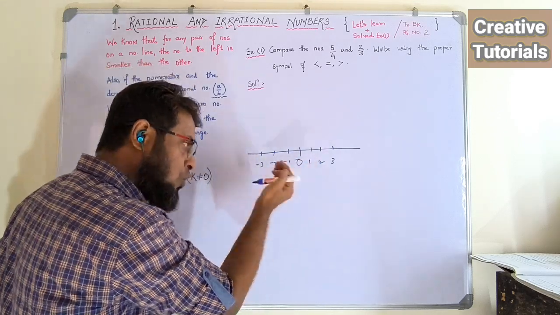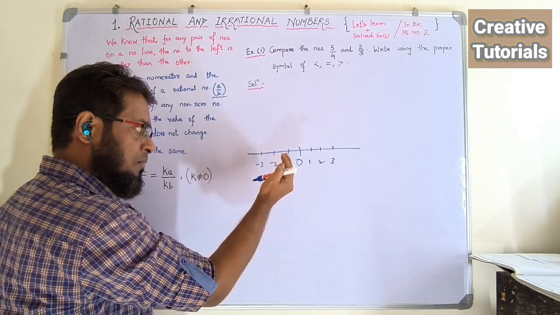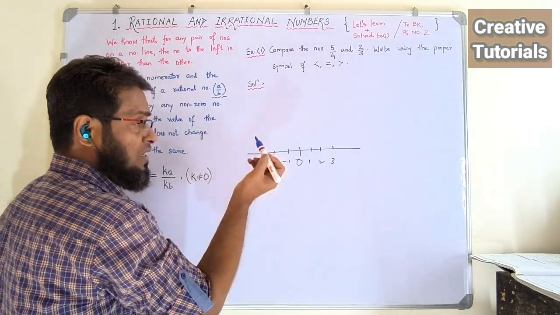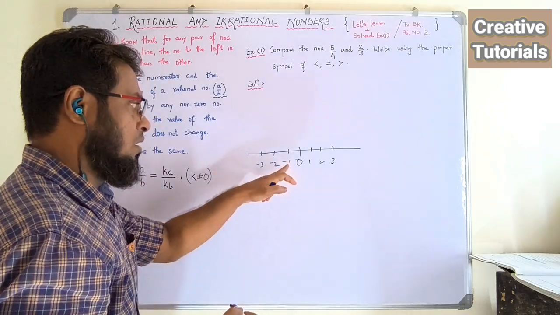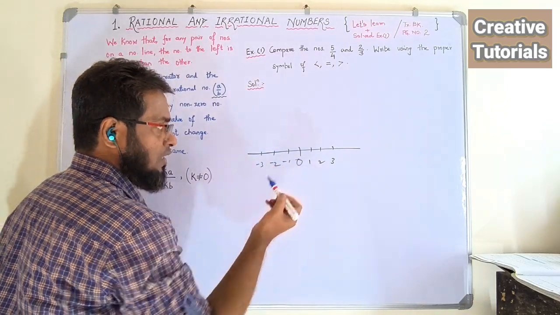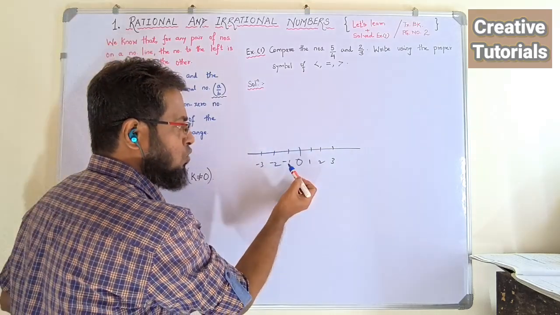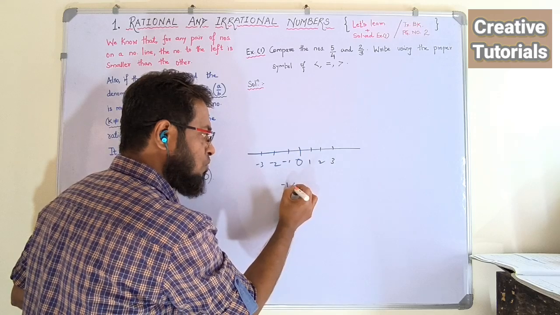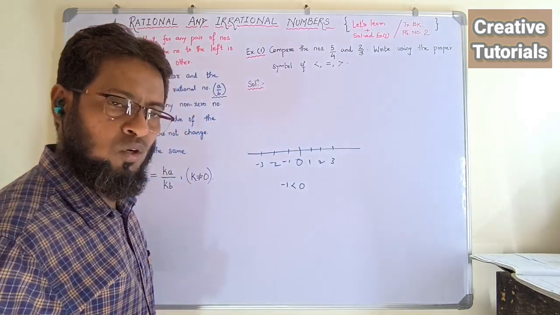And the more you go towards bigger numbers, but with negative signs, what happens is your number becomes smaller and smaller. That means 0 is bigger than -1. So the number to the left is -1. So -1 is smaller than 0.